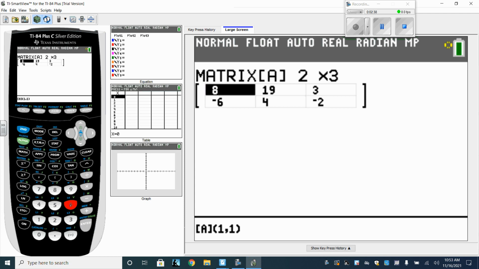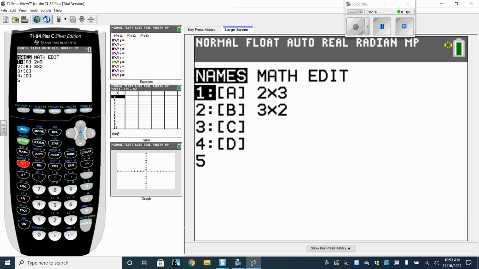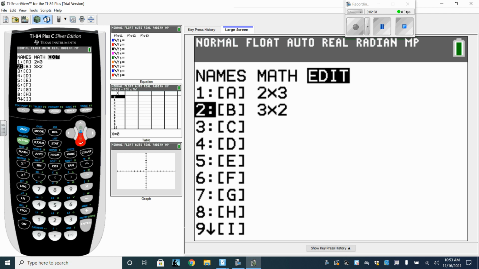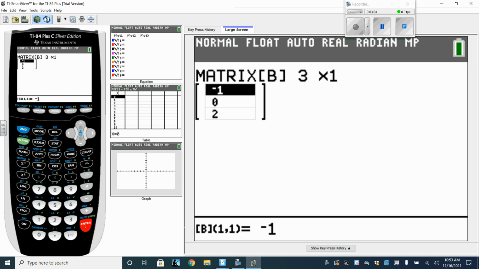And we can enter it in 6, -7, 4, 2, 8, and 0. So that would be matrix A. Now we need to edit matrix B, so we can go second matrix over to edit and down to matrix B. And matrix B is a 3 by 1.